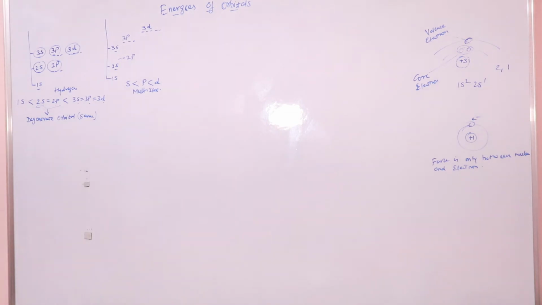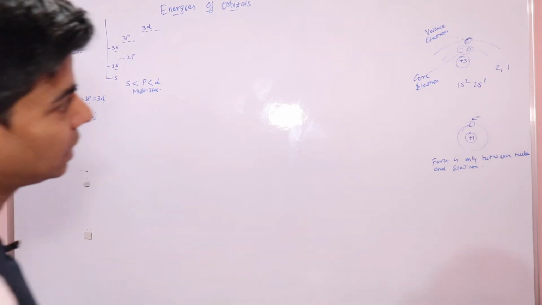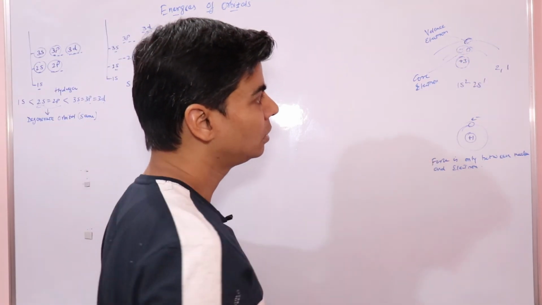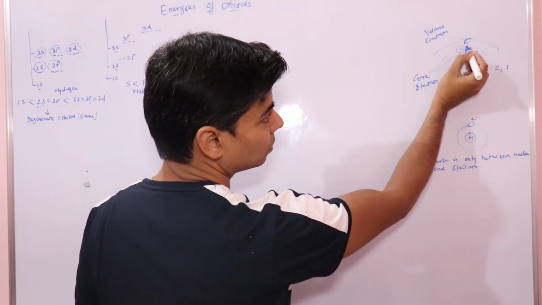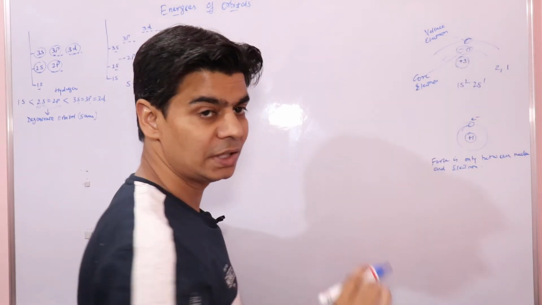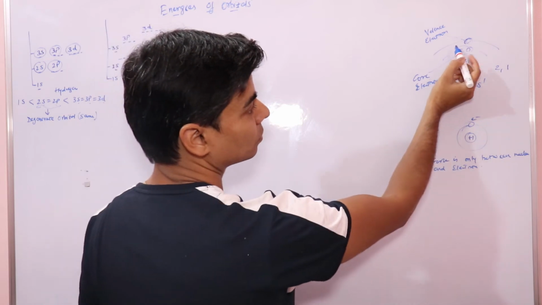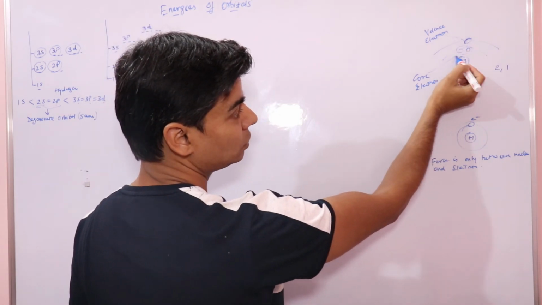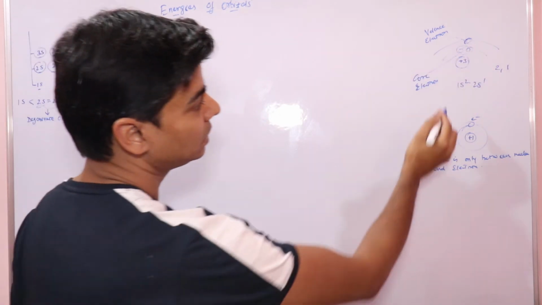There is screening or shielding of outer electrons due to these inner electrons. So this attractive interaction will be lowered due to the screening or shielding effect on the outer electrons that is caused by these inner electrons.